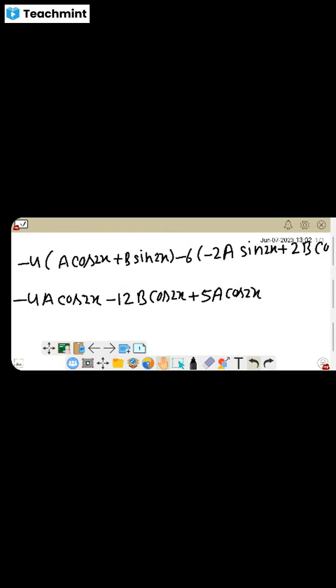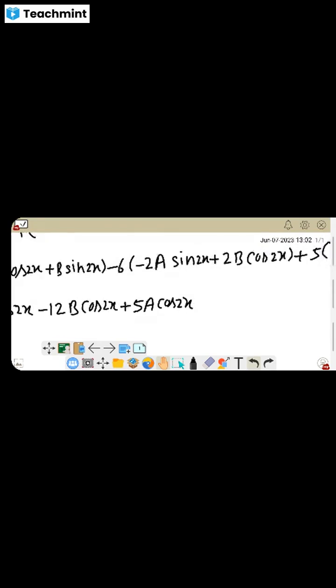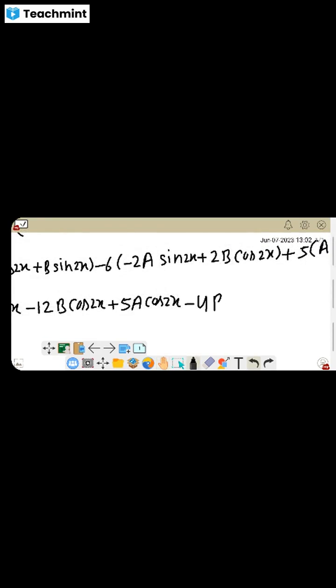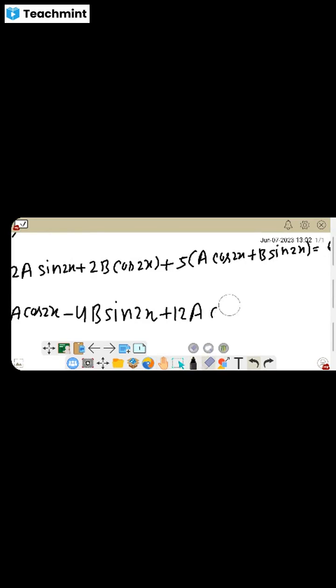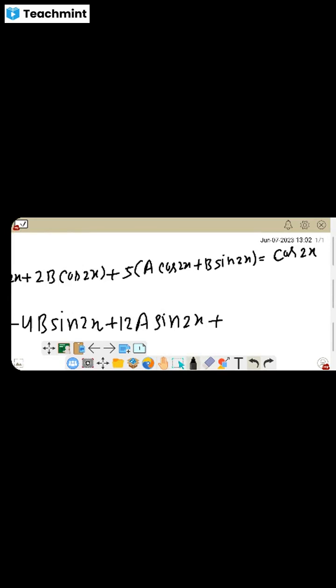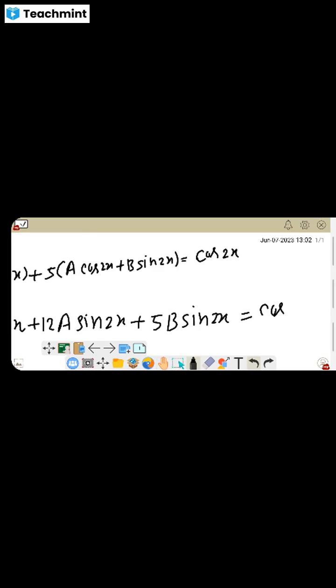Terms of sin 2x: we have here minus 4b sin 2x plus 12a sin 2x, and here plus 5b sin 2x, equal to cos 2x.